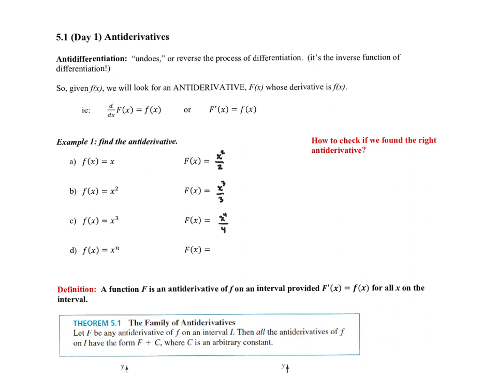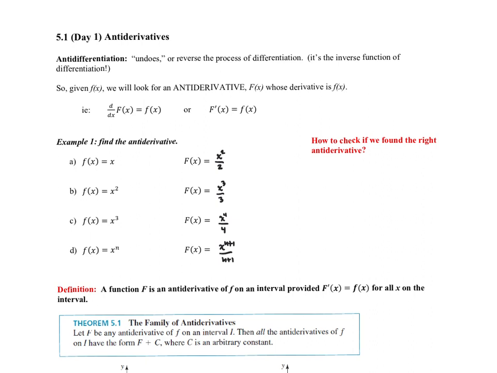So the antiderivative of x would be x squared over 2. The antiderivative of x squared would be x cubed over 3. The antiderivative of x cubed is x to the 4th over 4. So the antiderivative of x to the n will be x to the n plus 1 over n plus 1.